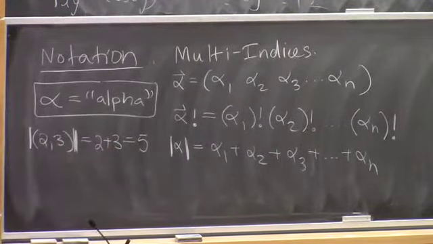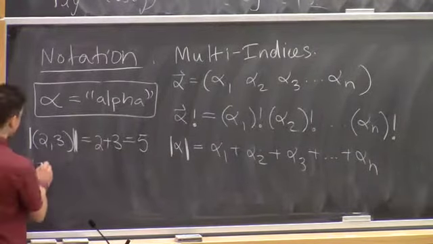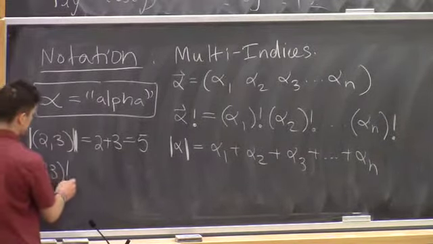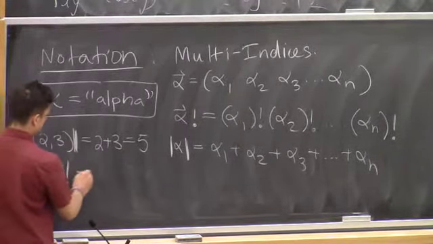Okay. And (2, 3) factorial will be 2 factorial times 3 factorial, which is 12. Okay, so those are 2 ways in which we use multi-indices.